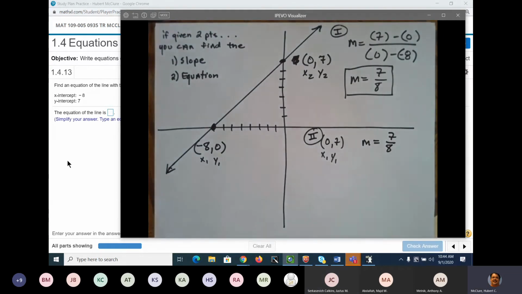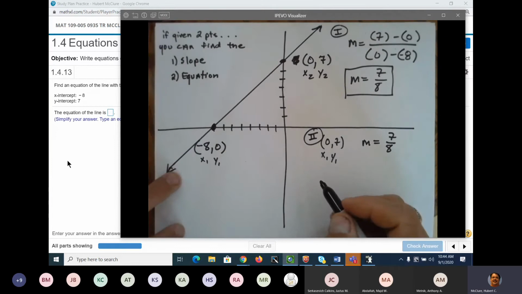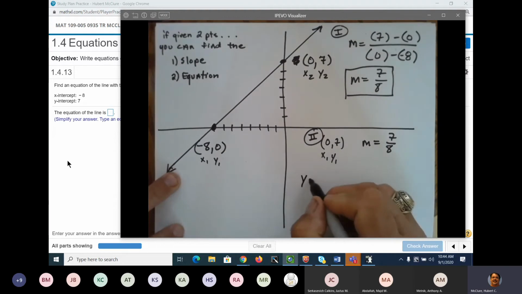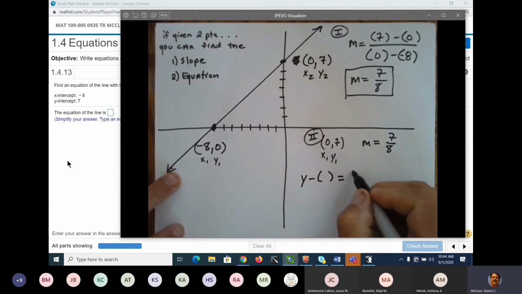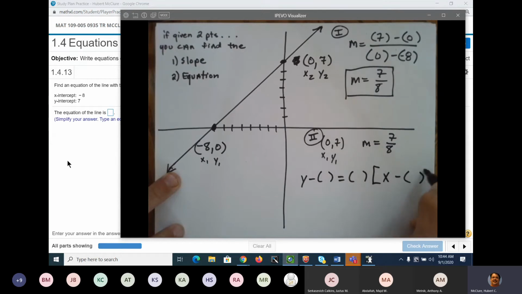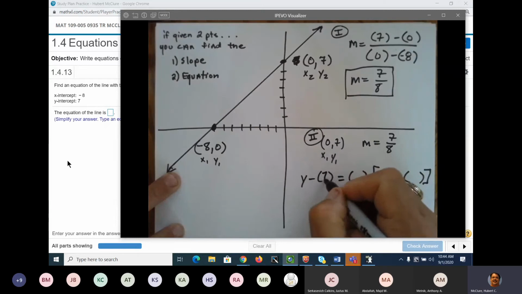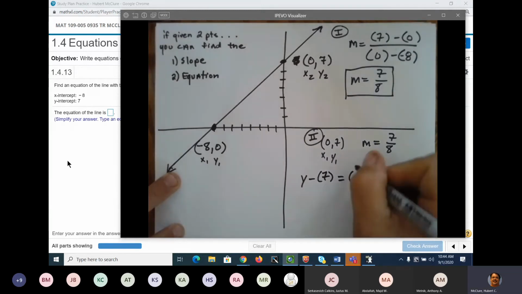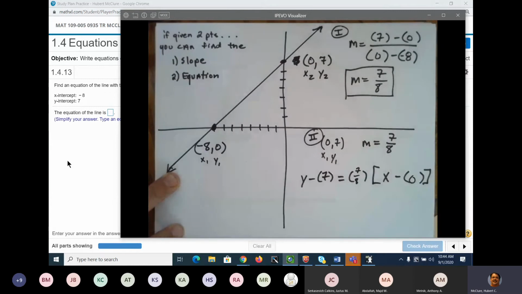And now I'm going to plug and chug into the point slope equation. Y minus parentheses equals parentheses times X minus parentheses. Y minus 7 is equal to 7/8 times X minus 0.